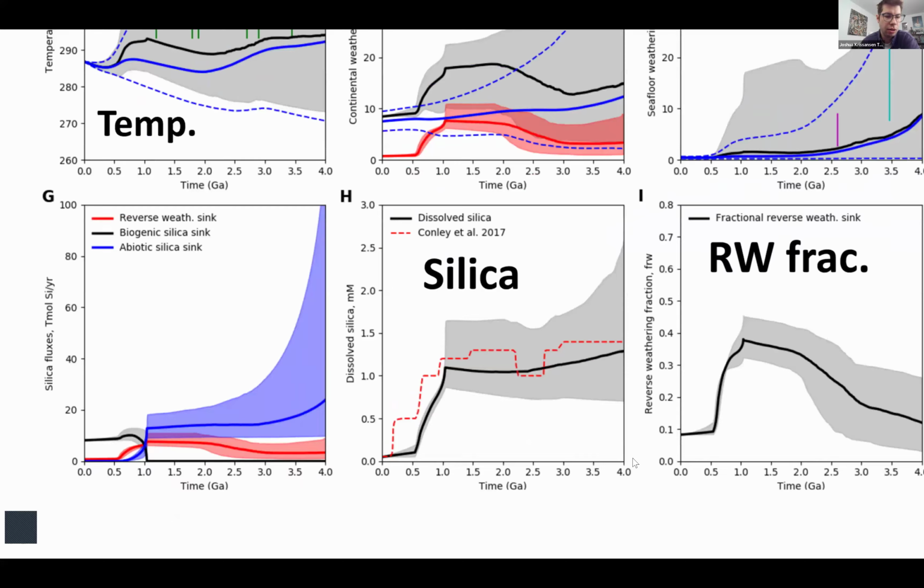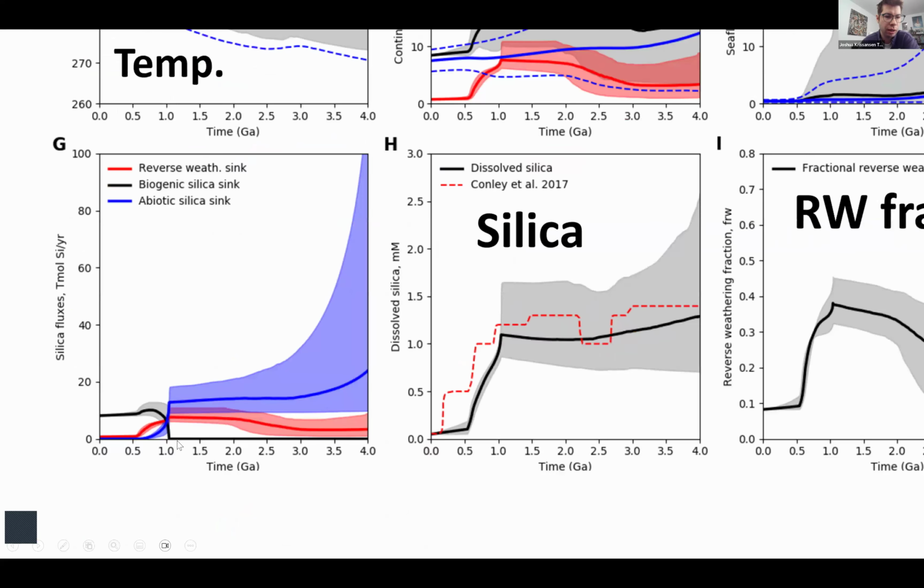The bottom left here is the forcing, where we switch on biological silicification and see how the reverse weathering flux and abiotic silica removal respond. And we're able to do this in a way that broadly recovers these semi-quantitative estimates of the dissolved silica concentration in the ocean through time.